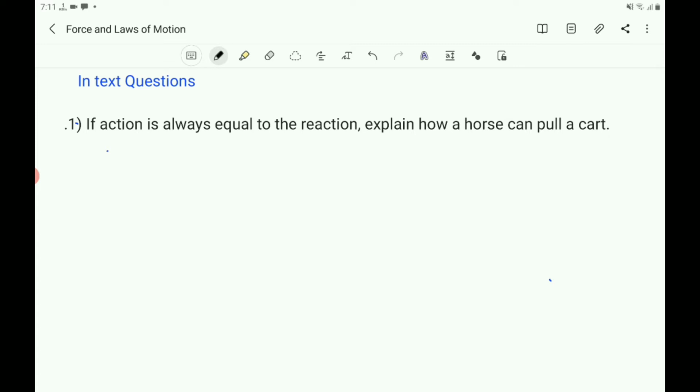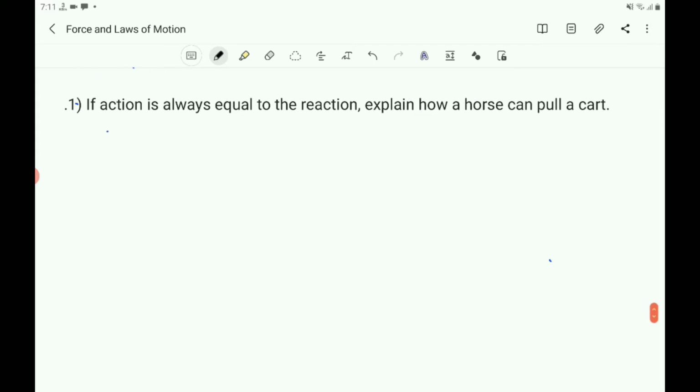So, here action is the pushing by the horse on the ground in the backward direction, and reaction is the pushing from the ground in the forward direction, that is on the horse. So you write the answer.